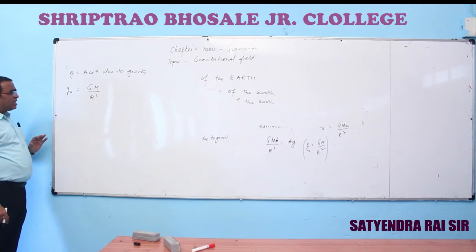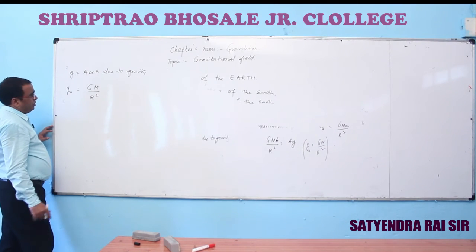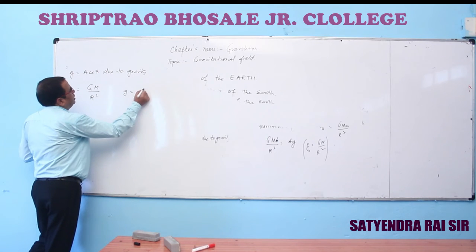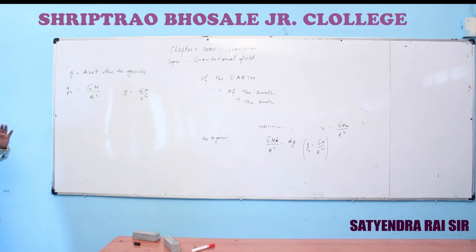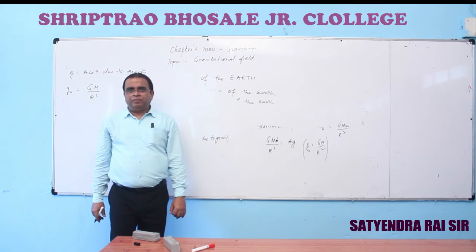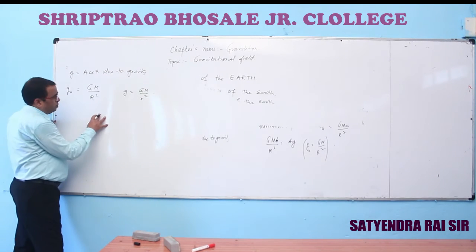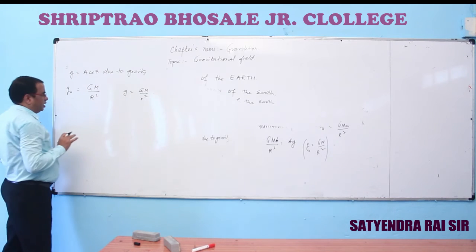At any distance r from the center, it will be GM by small r square, where small r is the distance of the body from the center of the earth, and capital R explains the radius. So small g naught is GM by R square.